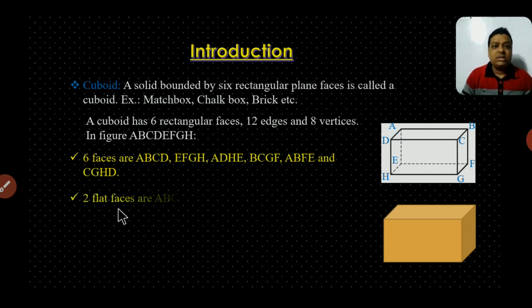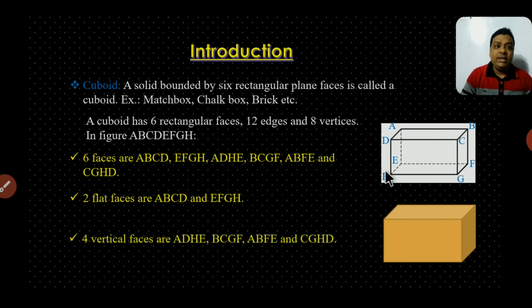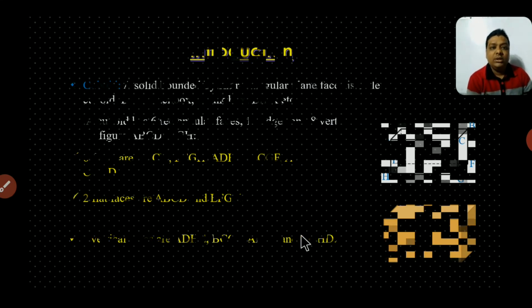The 2 flat faces are the ceiling and the bottom: A, B, C, D and E, F, G, H. The 4 vertical faces are A, D, H, E, B, C, G, F, D, C, G, H, and A, B, F, E. These are the 4 vertical faces, or the 4 walls of the room. So this is the cuboid.